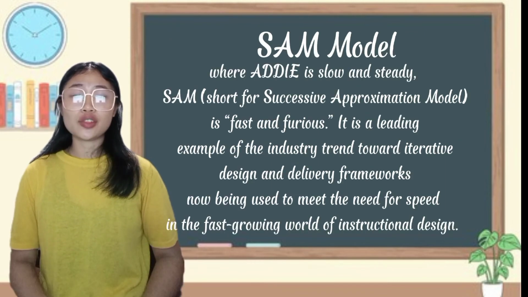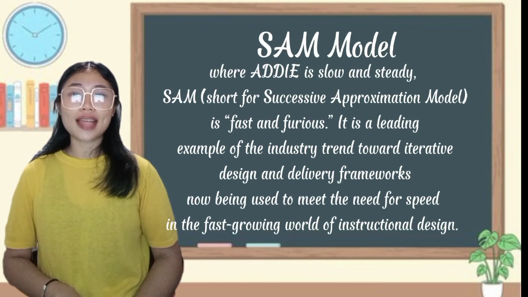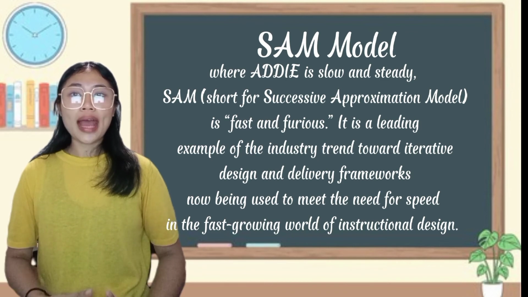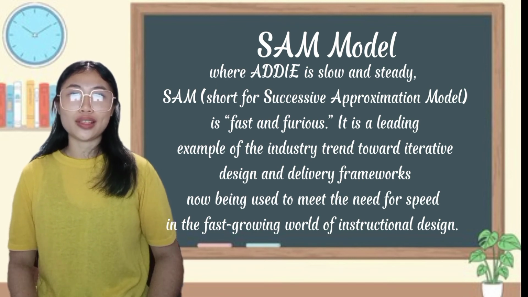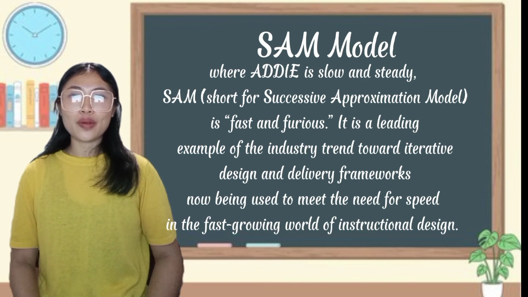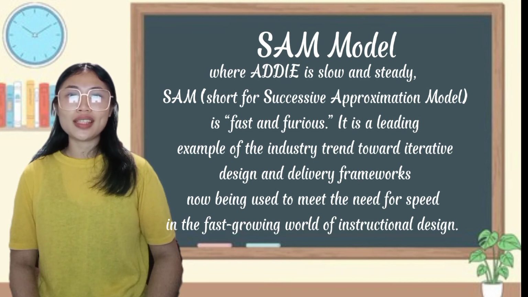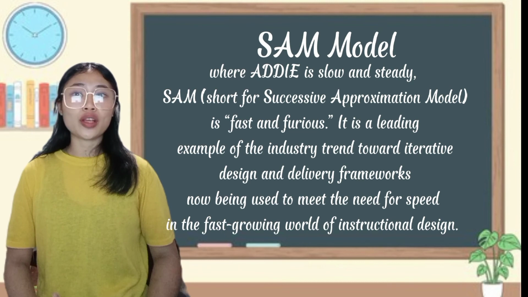Our last instructional design model is the SAM model. Where ADDIE is slow and steady, SAM, short for Successive Approximation Model, is fast and furious. It is a leading example of the industry trend toward iterative design and delivery frameworks now being used to meet the need for speed in the fast-growing world of instructional design.